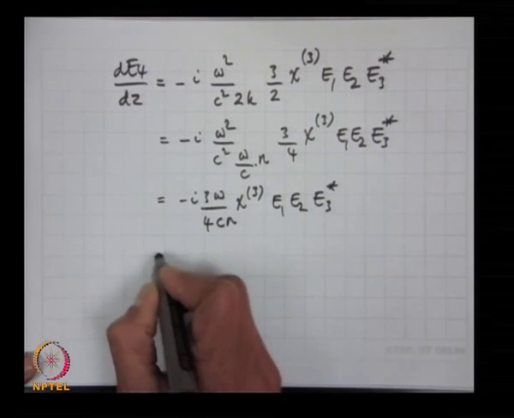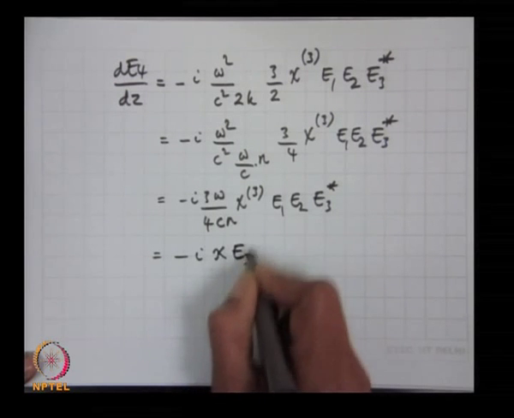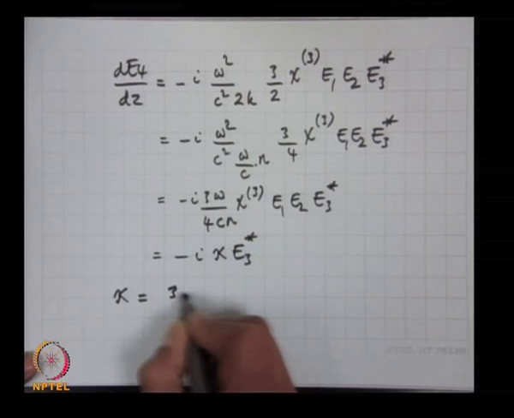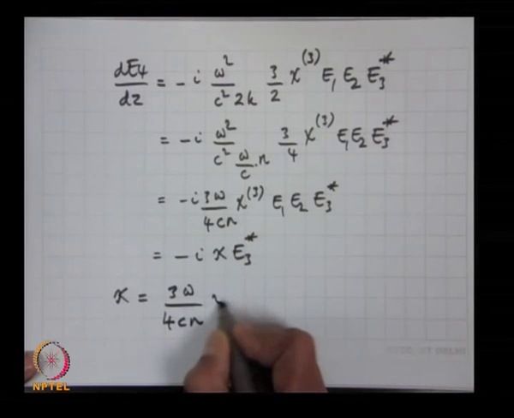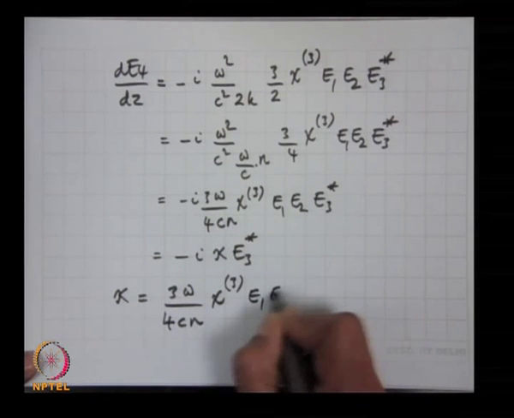So let me call this minus i kappa E3 star, where kappa is equal to 3 omega by 4 cn chi 3 E1, E2.